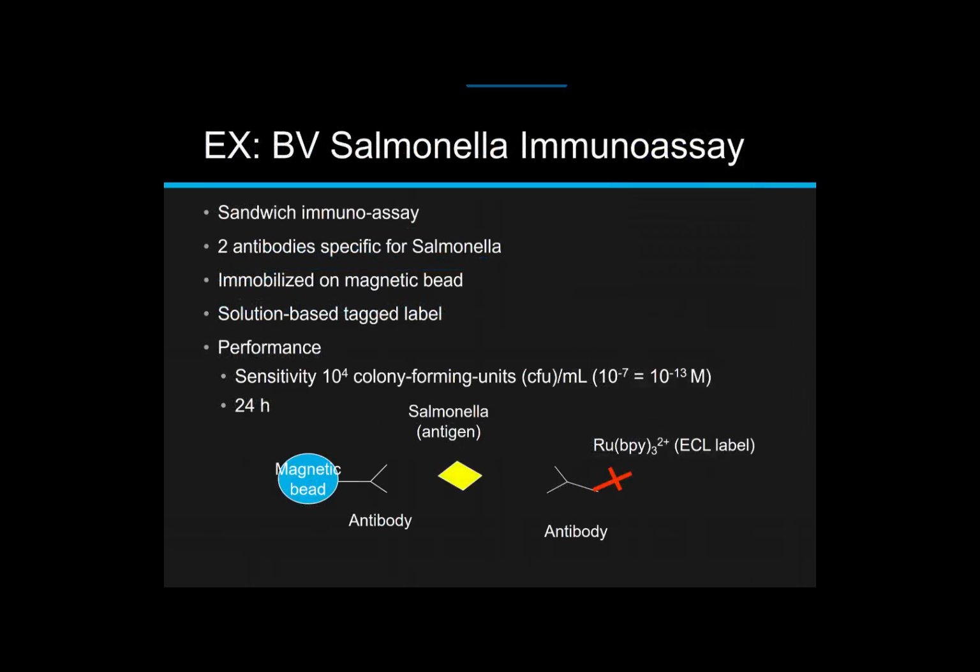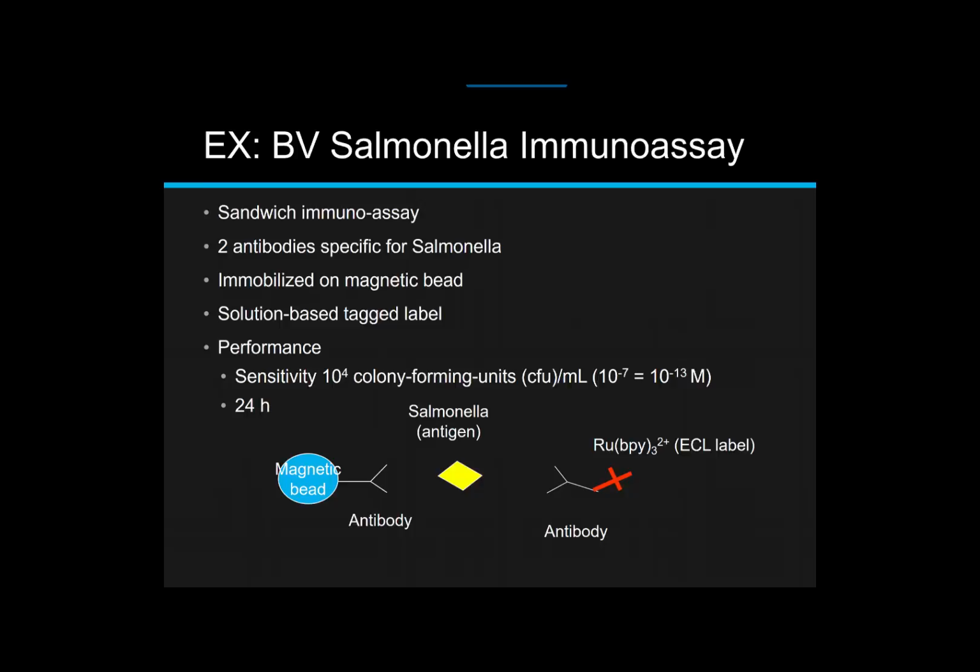So let's look at another example. Say you wanted to test for a specific serotype of salmonella. You're concerned about food poisoning. You could use an appropriate O or H antigen and build your assay around an antibody-antigen complex using ECL.